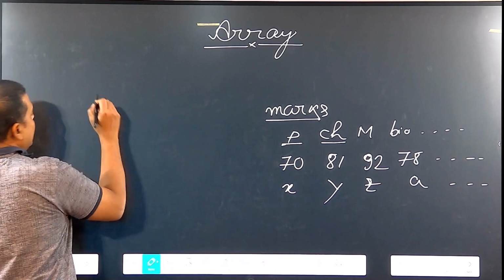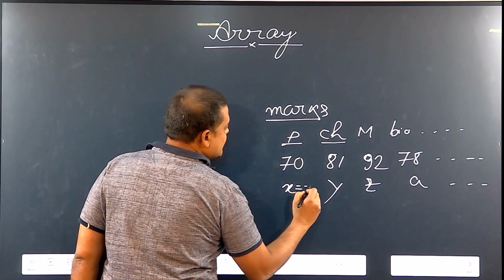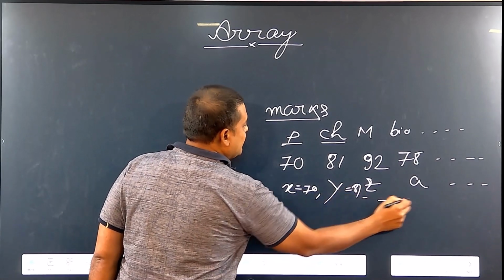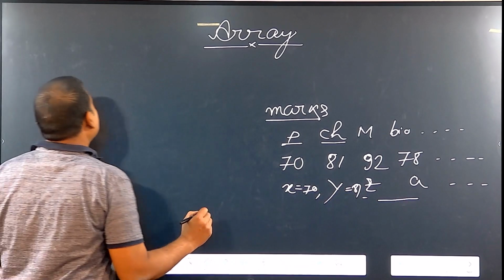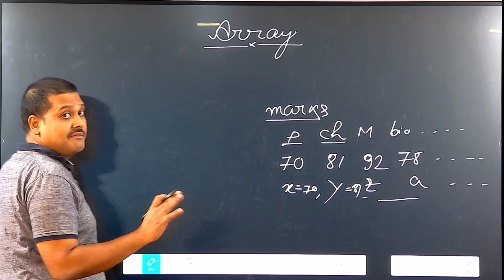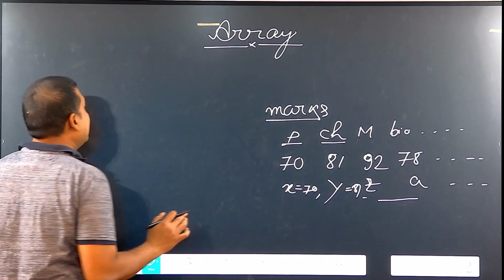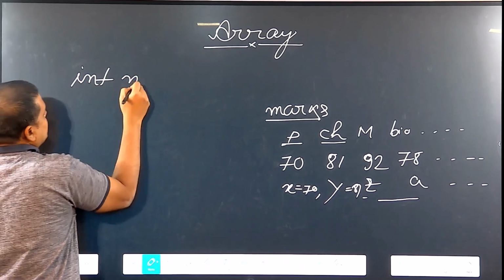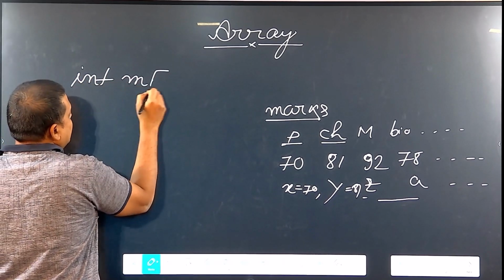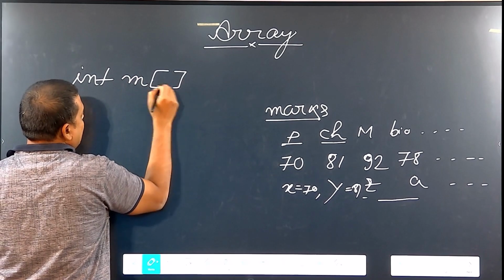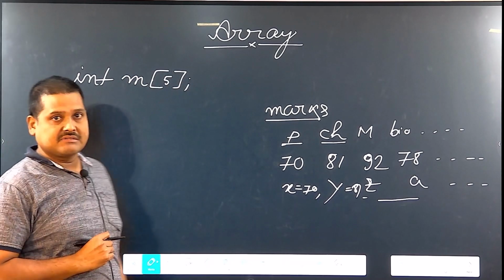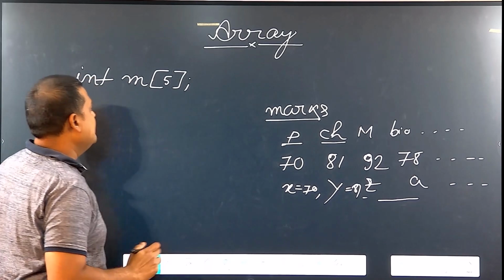Then rather than having x equal 70, y equal 81, and this way, rather than declaring like that, we will declare like this. If I am considering all the values are of integer type, अगर हम लोग मान लेते हैं सारे variable integer type का है, तो लिखेंगे int marks और यहाँ पे दे देंगे एक size। मान लो 5 subject, 5 different subject का marks है। Now if I do this, then what will happen?